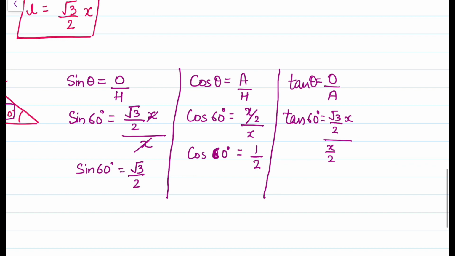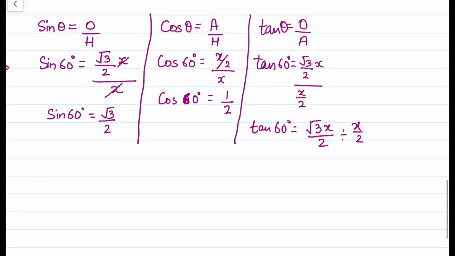So to solve this division, I would write tan 60 degrees as root 3 over 2x divided by x over 2. It just makes it easier. And we know that to convert division to multiplication, we can flip the last fraction. So times 2 over x. All right, again, x divided by x can cancel, 2 divided by 2 can cancel, it's 1.